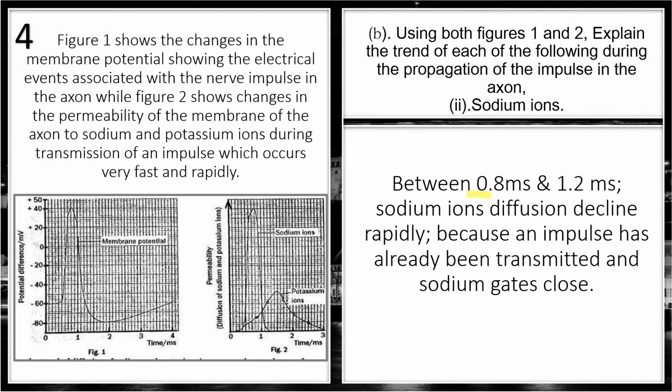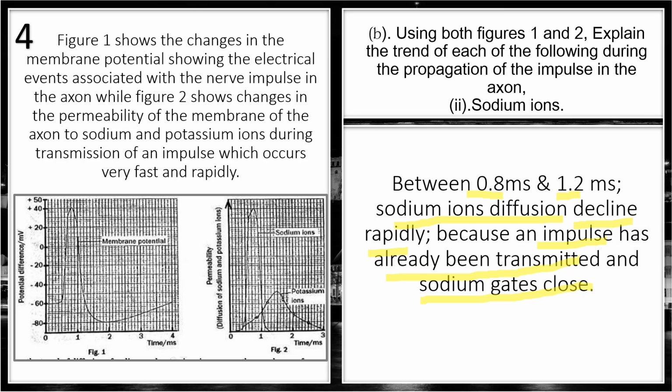Then between 0.8 and 1.2 milliseconds, sodium ion diffusion declined rapidly. This is because an impulse had already been transmitted and the sodium gates closed.